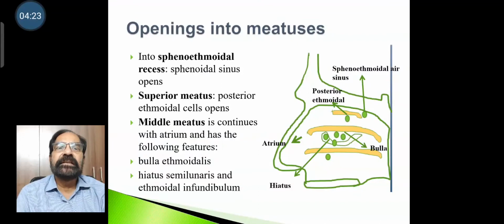Middle meatus is continuous with the atrium, that is front of middle meatus, and has the following features: one elevation, that is called as bulla ethmoidalis, and below the bulla ethmoidalis there is one semicircular hiatus semilunaris and also ethmoidal infundibulum.